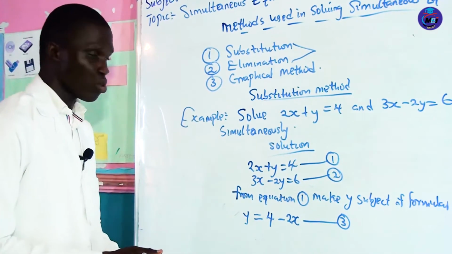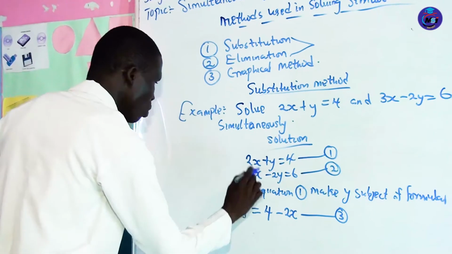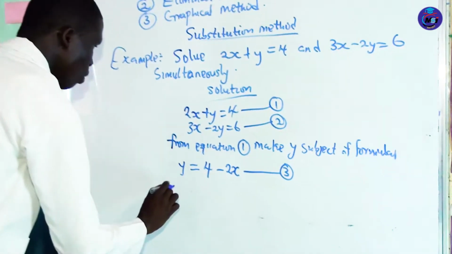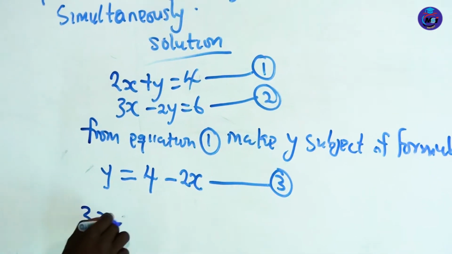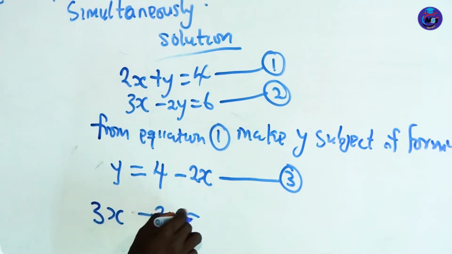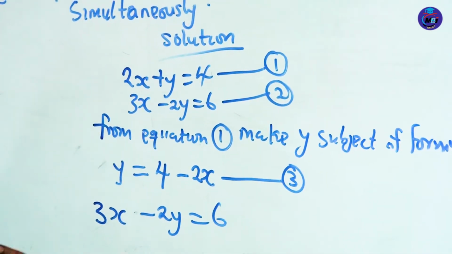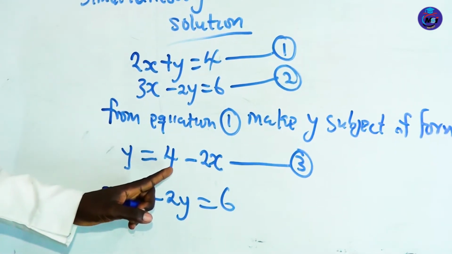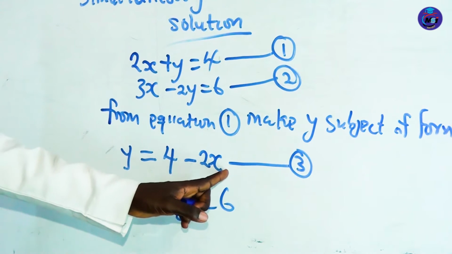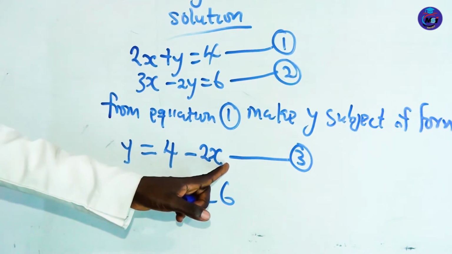So that is what we are going to apply here. In equation 2, you have 3x minus 2y equals 6. Anywhere you see y, you replace it with 4 minus 2x. That's what substitution method is all about.